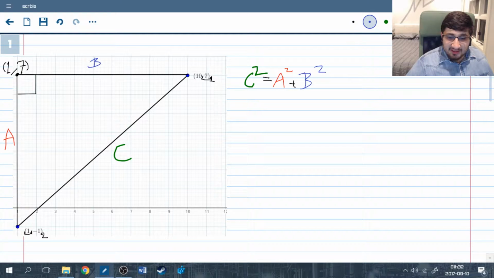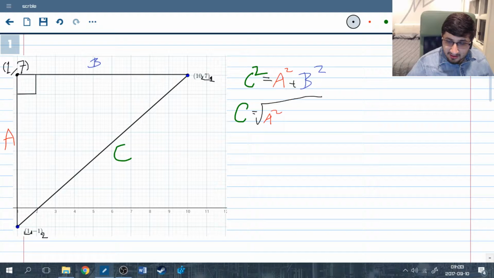That's lovely. We can rewrite this in a different way: c is equal to the square root of a squared plus b squared. I'm doing this because we were looking for c.